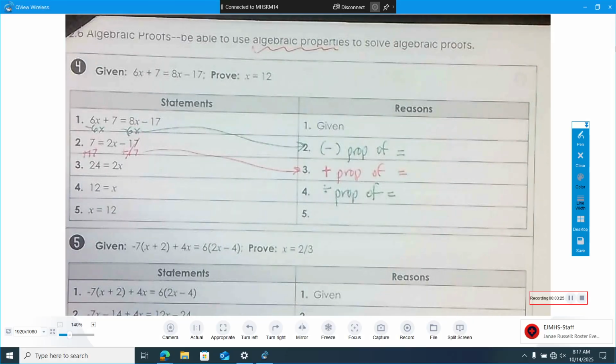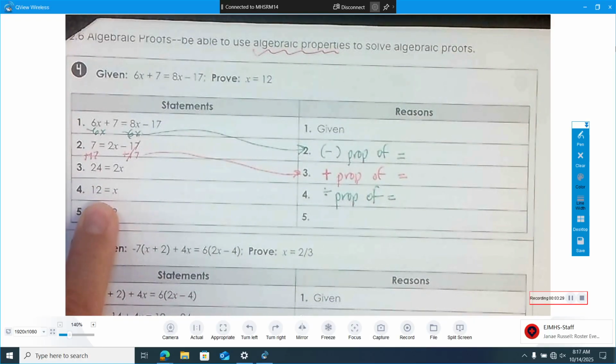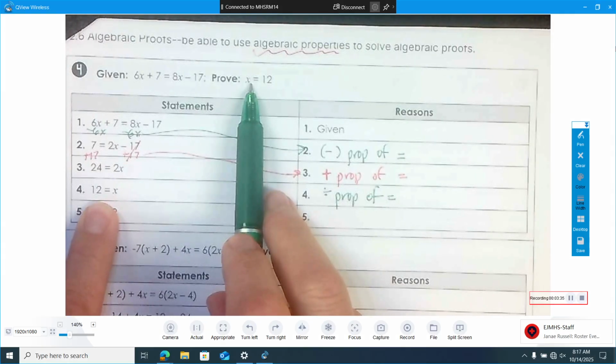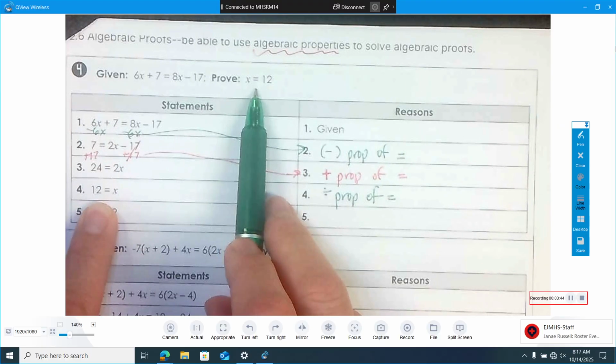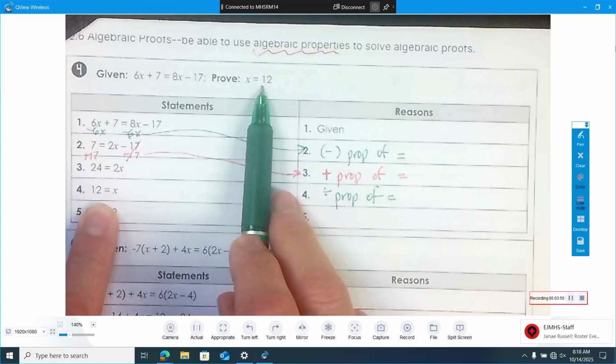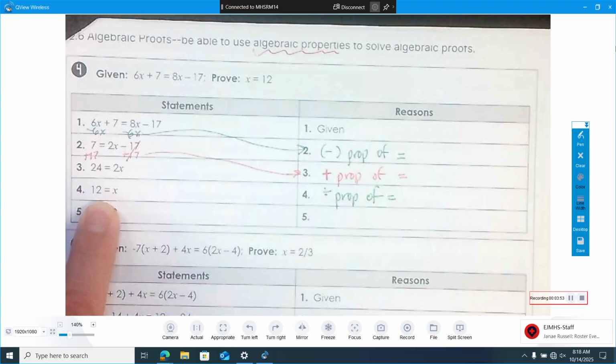Absolutely. Now, you'll notice this is an interesting step here. You'll notice that step 4, they have 12 equals x, but we are trying to prove that x equals 12. Our job when we prove things is to be perfectly exacting. It's really kind of annoying how exacting we have to be when we do proofs. These are not identical. So there's one more step where we had to spin it around.